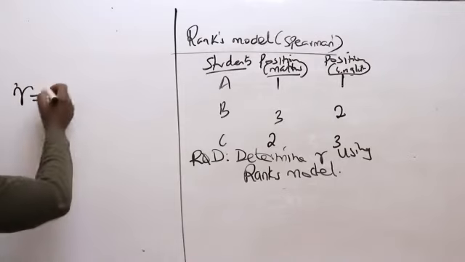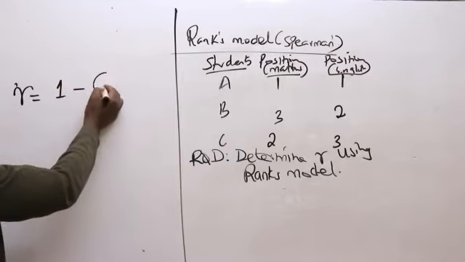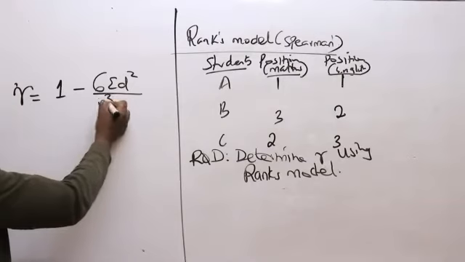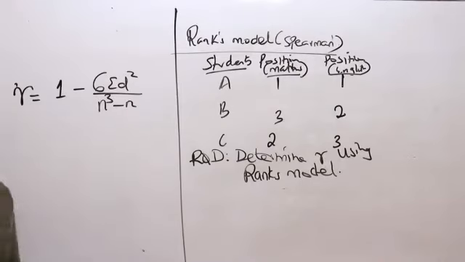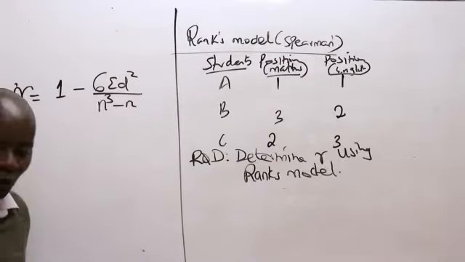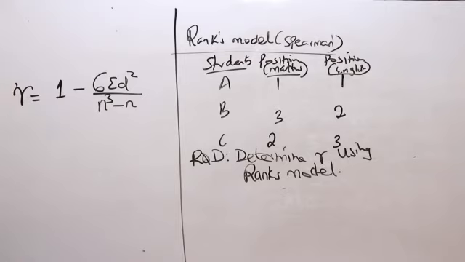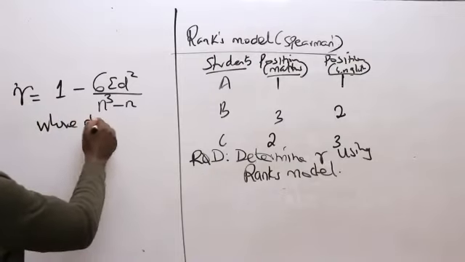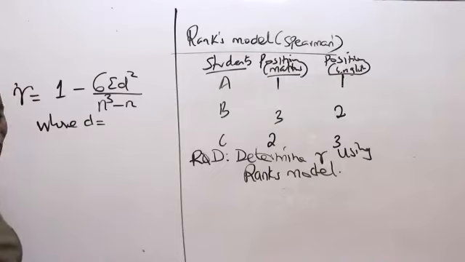R should be equal to 1 minus 6 summation of D squared all over N cubed minus N. It's a formula which we have to cram. 1 minus 6 summation of D squared all over N cubed minus N, where D stands for differences between ranks.